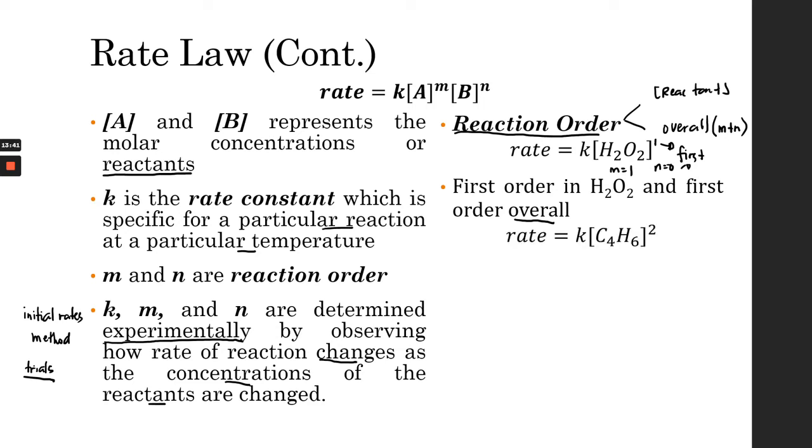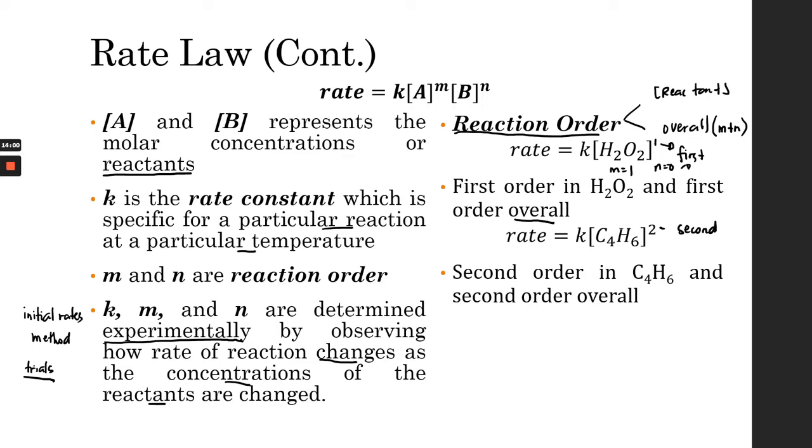Now let's look at this example. We have rate is equal to some constant K multiplied by C4H6 raised to 2. So for 2, we call this the second order. What that means is that we have a second order for C4H6 because C4H6 is raised to 2.